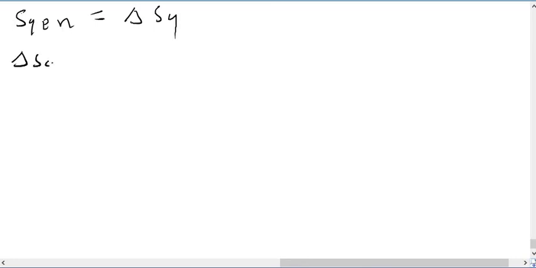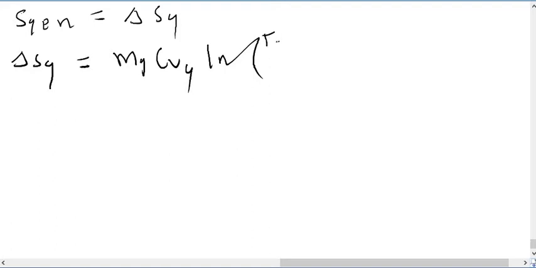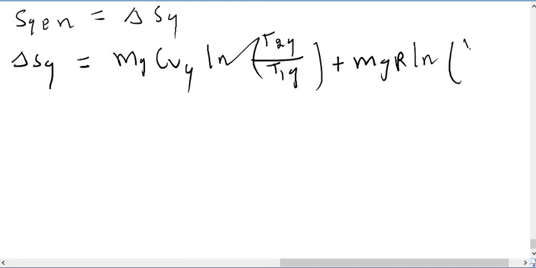The change in entropy of the gas is equal to the mass of the gas, specific heat capacity at constant volume of the gas, into the natural logarithm of θ2 of the gas over θ1 of the gas, plus mass of the gas R ln P2 over P1.